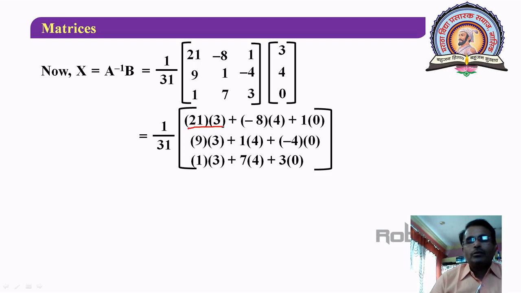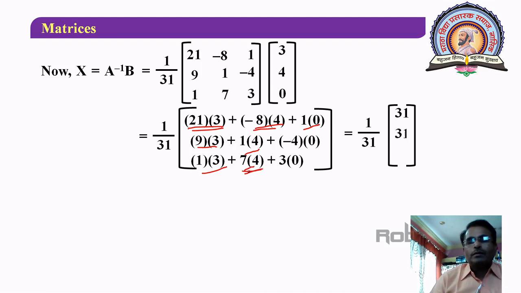Here it is clear that you have 66 minus 32 and 0. 63 minus 32 is 31. Okay. So the elements are, in the first row you have 31, then 27 plus 4, that is again 31, 3 plus 21, that is again 31, 3 plus 28, that is again 31.